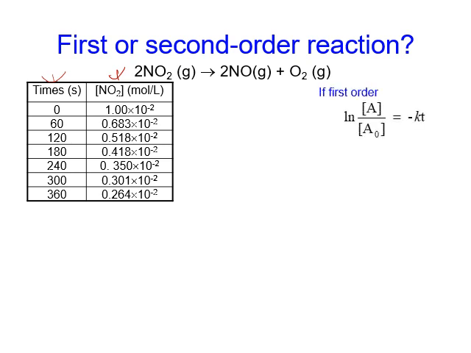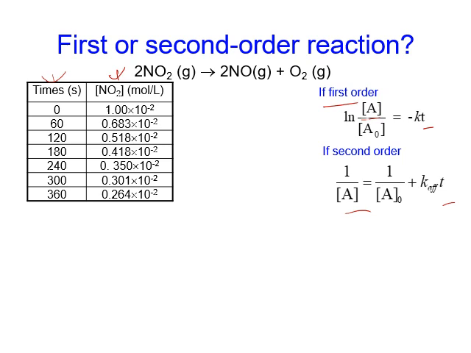It's the natural log of concentration over time that is a linear equation for a first order reaction. But if it's a second order reaction, then it's the inverse concentration over time that is a linear equation.